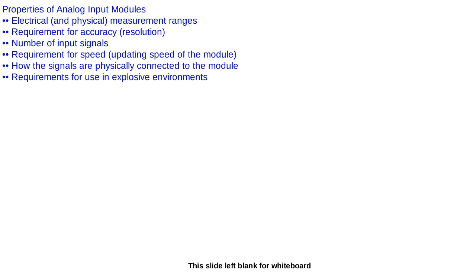Filtering is how you can reduce the input measurement noise. How will your analog input module be able to achieve this filtering process? So those are some of the properties to consider.